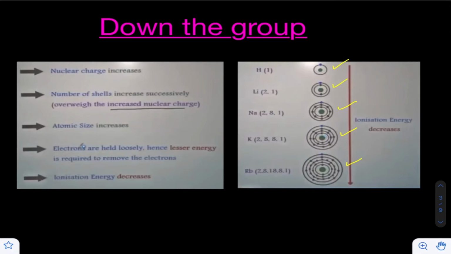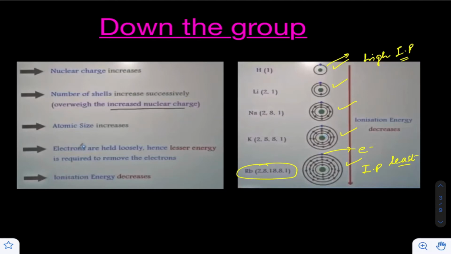So the tendency to lose electrons will also increase. It means the element at the bottom will have low ionization potential, and the element present on the top will have high ionization potential because it cannot lose electrons easily.